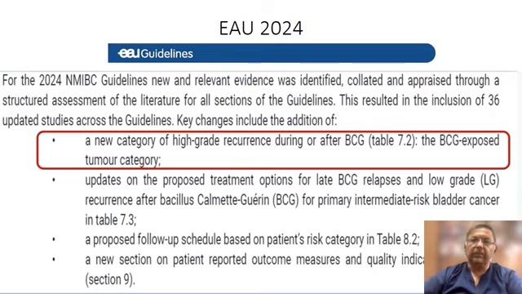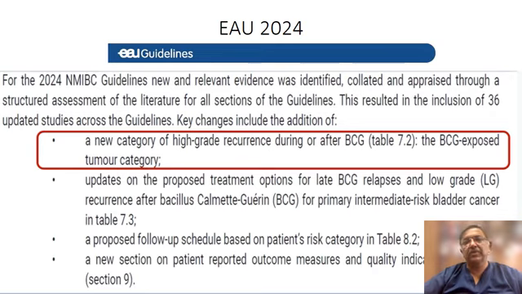Now, if you look at the 2024 EAU guidelines, only recently released at the Paris meeting, significant changes have been made. There is a new category of high-grade recurrence during or after BCG therapy. BCG has become the de facto treatment option for aggressive non-muscle invasive bladder cancers. Anything more than intermediate risk, so very high risk cancers, is treated by BCG.